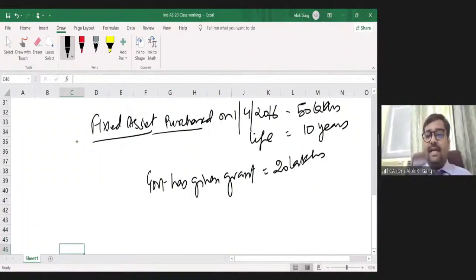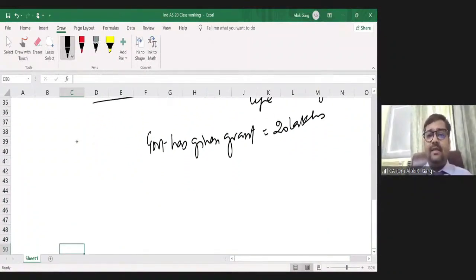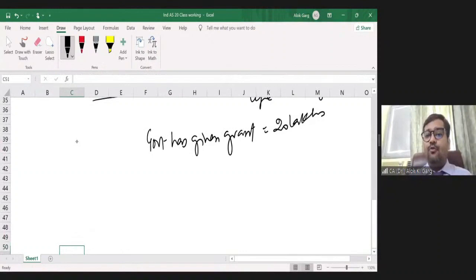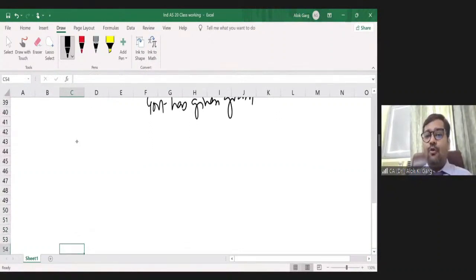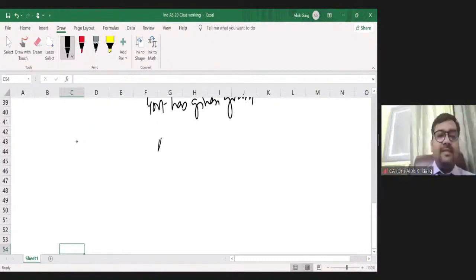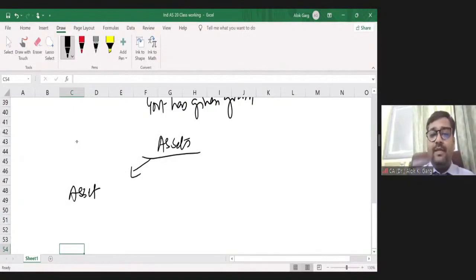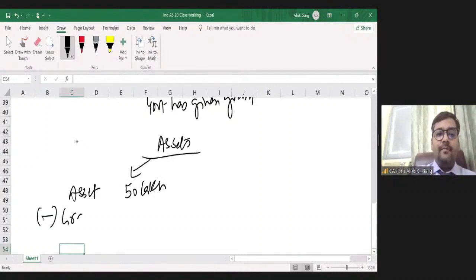So the standard says that in this case there are two options. We will discuss them. In option one, the asset has to be shown at a net value, meaning cost incurred 50 lakh minus grant 20 lakh.